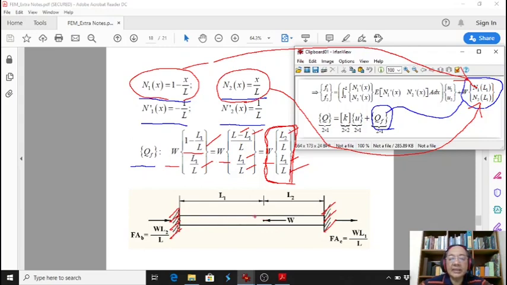The bar is fixed and is subjected to W just now. So this represents the reaction of the fixed bar. So the reaction here at this point is W L2 per L, and the reaction here is W L1 per L.